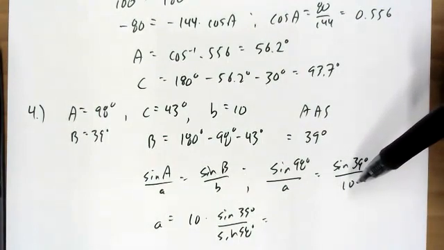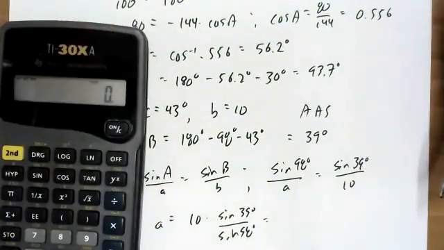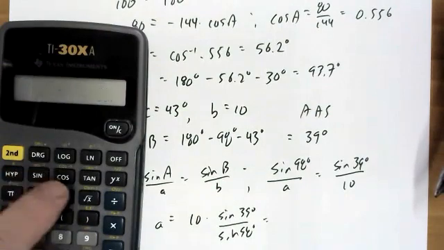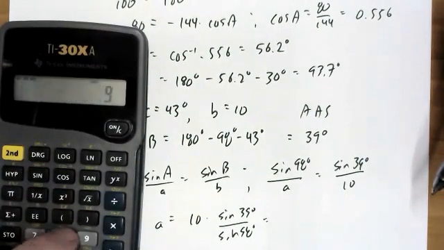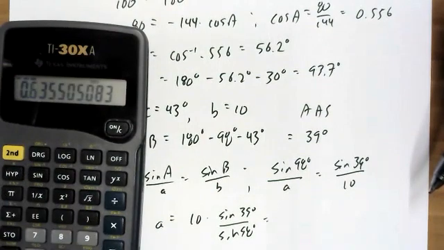So maybe I wasn't quite correct on my calculator. So 39 sine divided by 98 sine equals times 10.